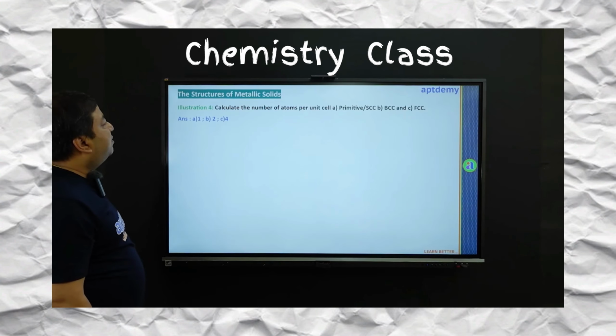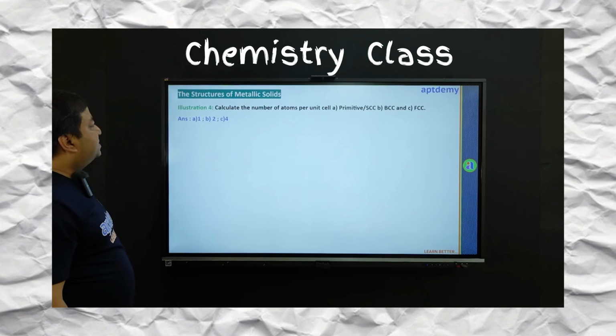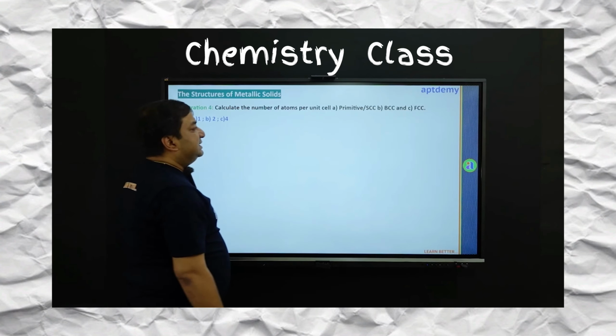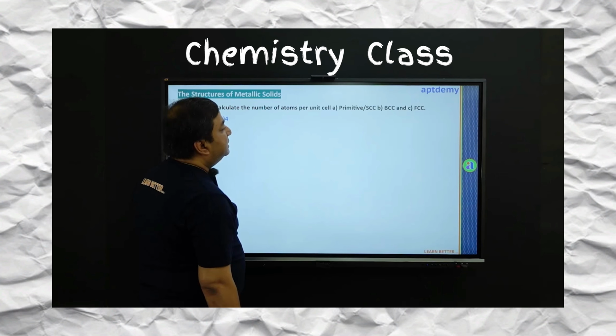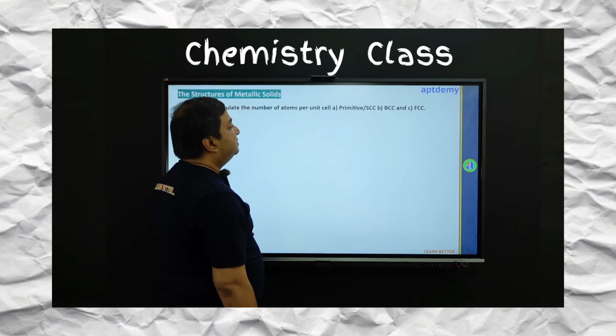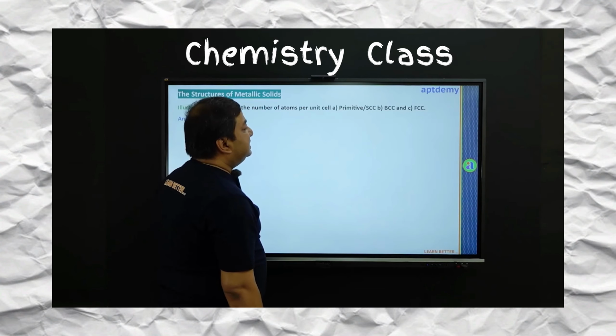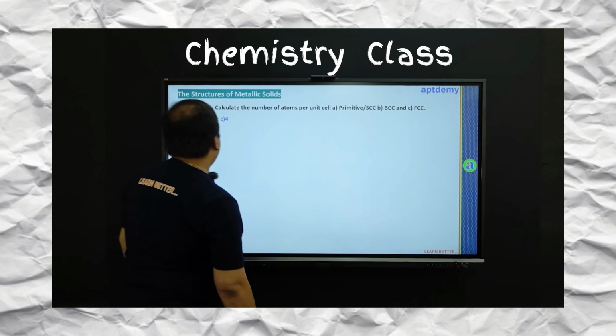The structure of metallic solids. Illustration 4 says calculate the number of atoms per unit cell in primitive or SCC, which means simple cubic cell, BCC, which means body centered cell, and FCC, which means face centered cell.